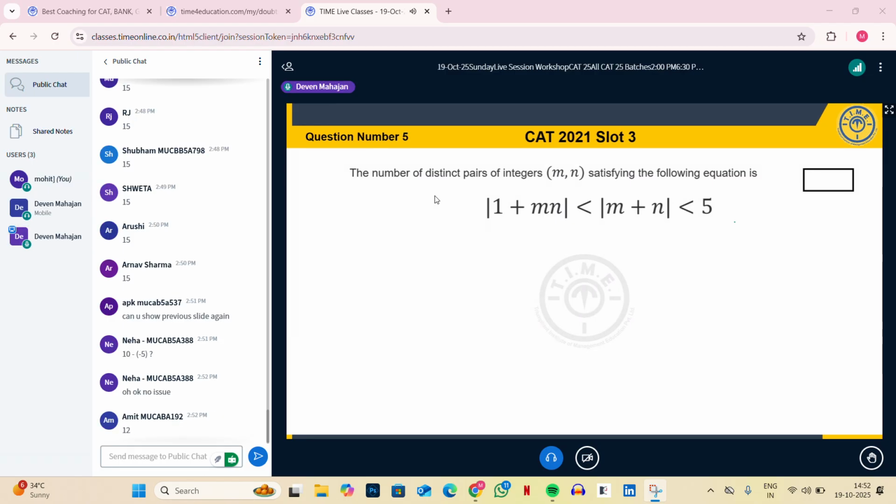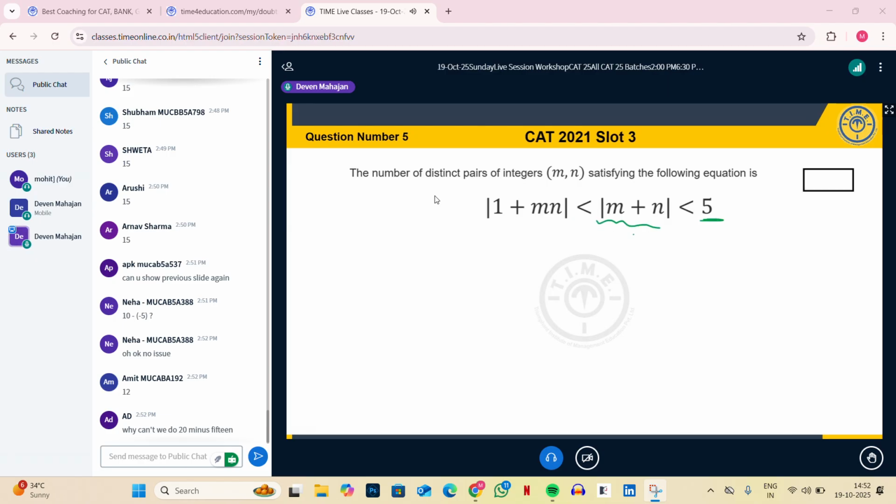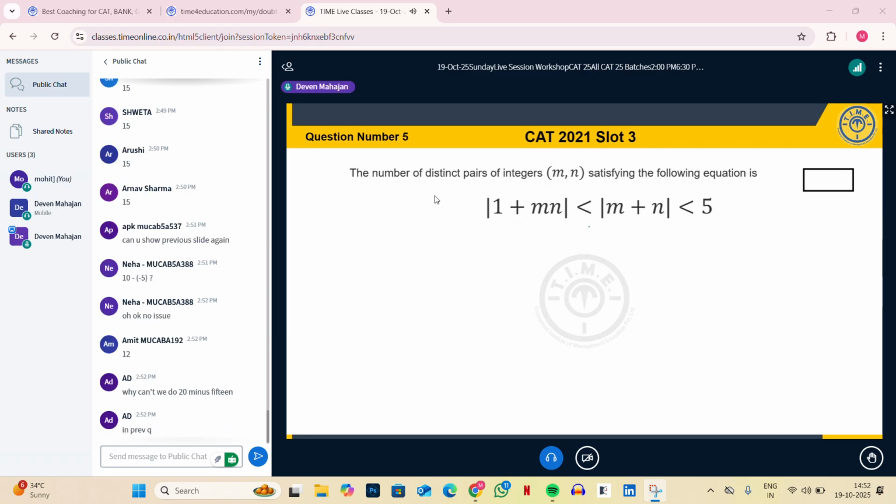Many times modulus based questions, if the numbers involved are not very big, you can think of doing it in terms of trial. हमें पता है कि ये दोनों टर्म 5 से छोटे हैं, तो चेक करो क्या नंबर्स फिट होने वाले हैं. We know that m and n have to be integers. How many distinct pairs of integers satisfy the given equation? So we want integers that are fitting this inequality.